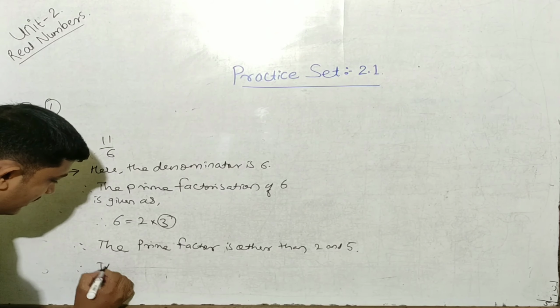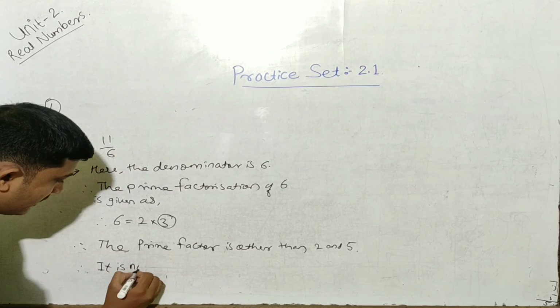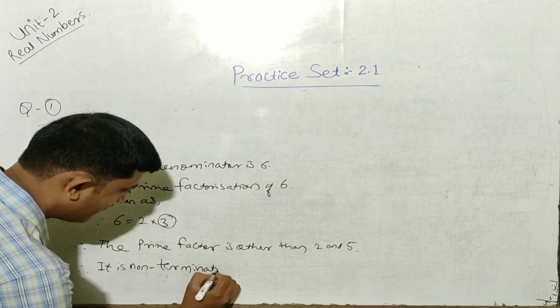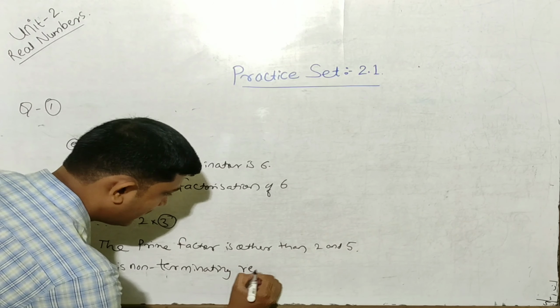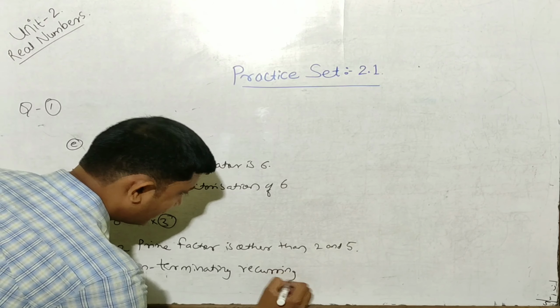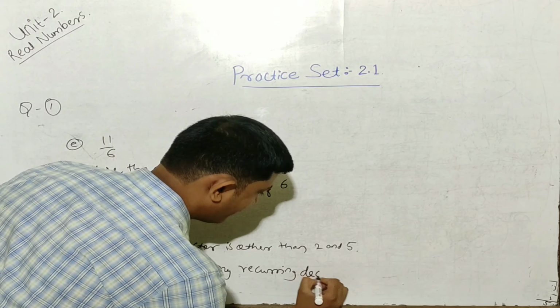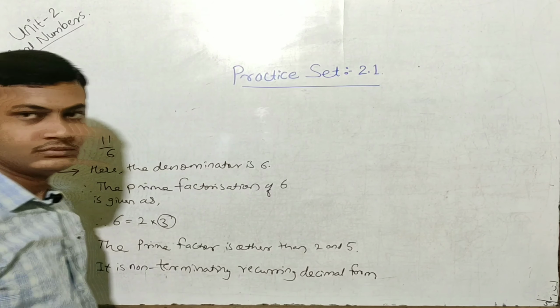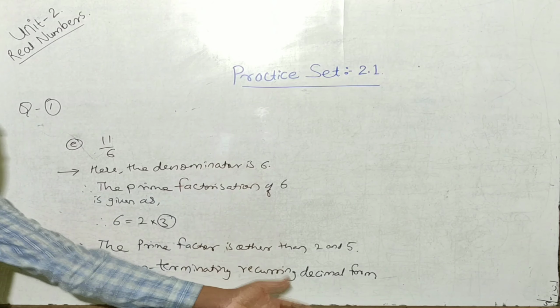Therefore it is a non-terminating recurring decimal form. Here the first question ends.